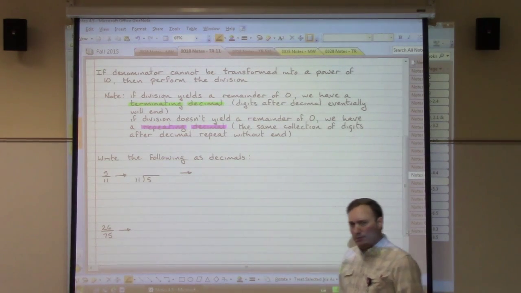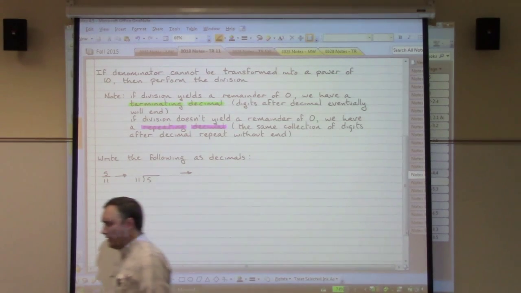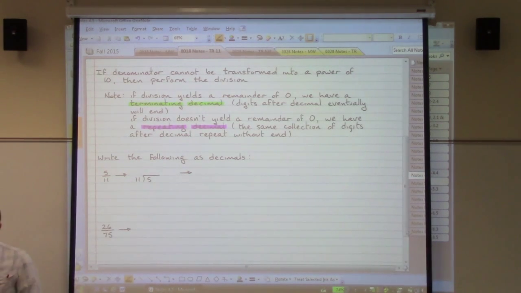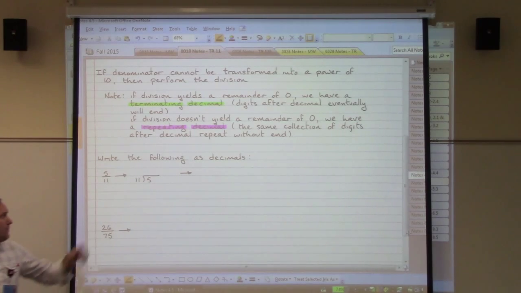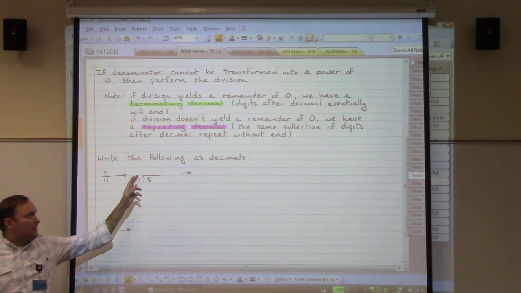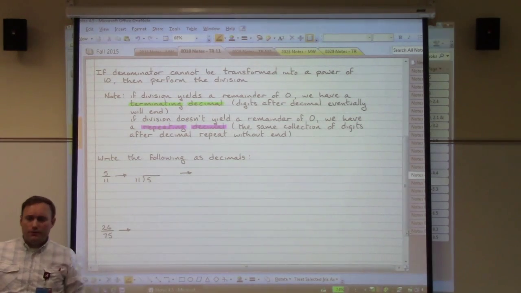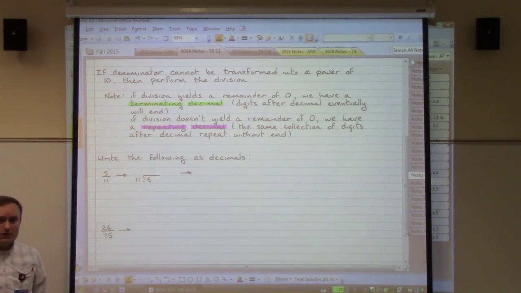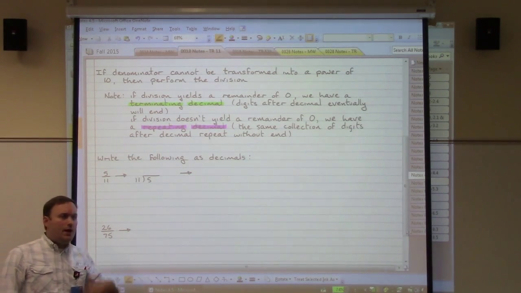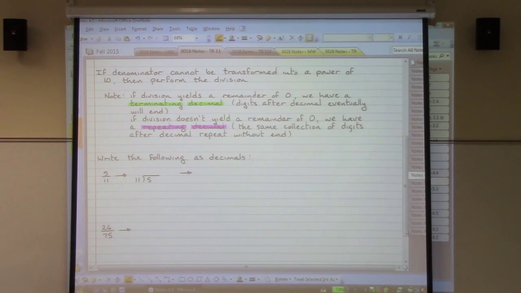So these last two examples are going to have the repeating sort of decimal situation going on. I'm going to set up our division problem. Fraction 5 over 11. The 11 goes out in front of our long division symbol. The 5 goes underneath. Can't get started until I have a decimal point and at least one extra 0. So I have to put my decimal point in after the 5, put in an extra 0.